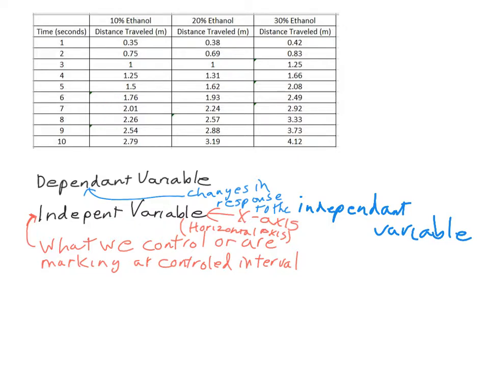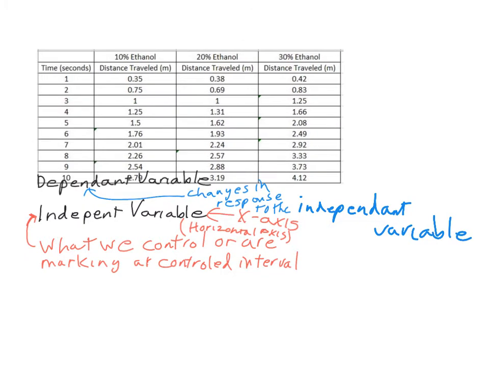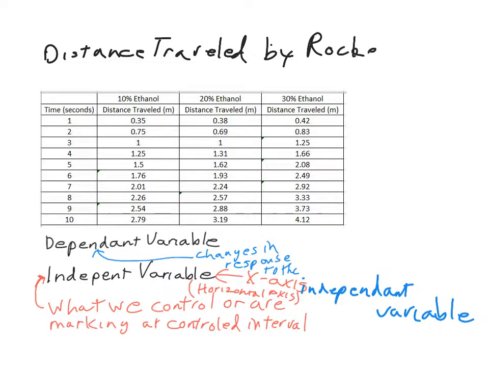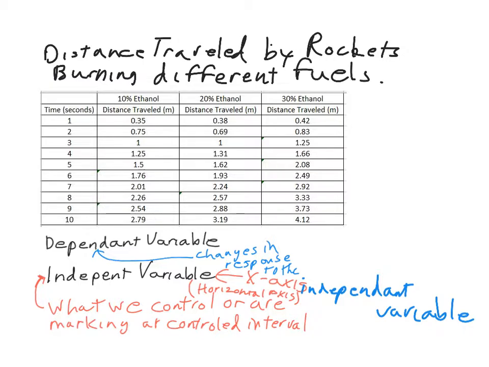I should have said, this data here is a chart. And it's a chart of the distance traveled by rockets burning different fuels.